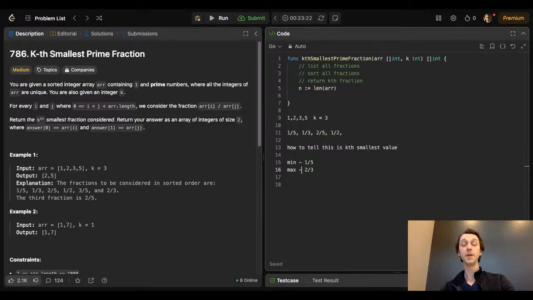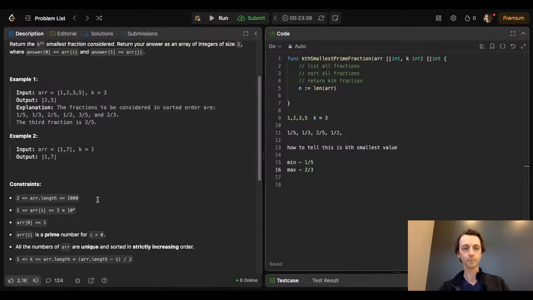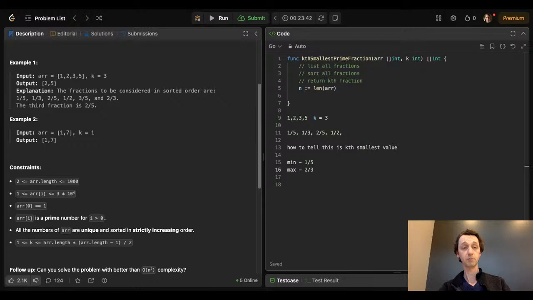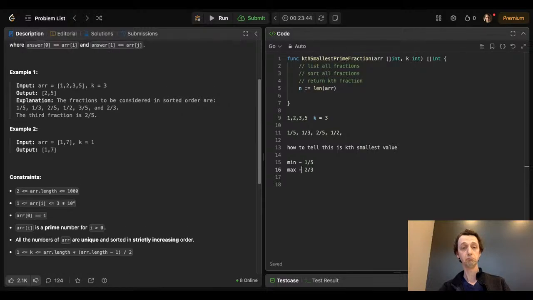And that's, by the way, the minimum we can find, but even to find the maximum is already a game, because 2/3.